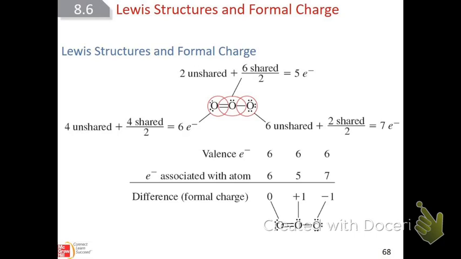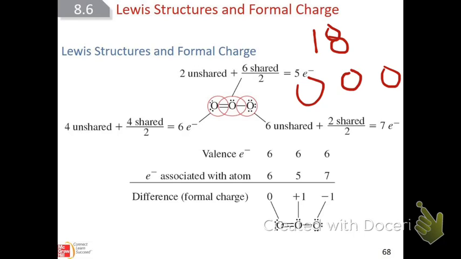Here's ozone. Notice we have 3 oxygens. Each of them has 6 valence electrons, so that's a total of 18. When we put these around our central atom, we talk about our unshared electrons, and then how many are shared.